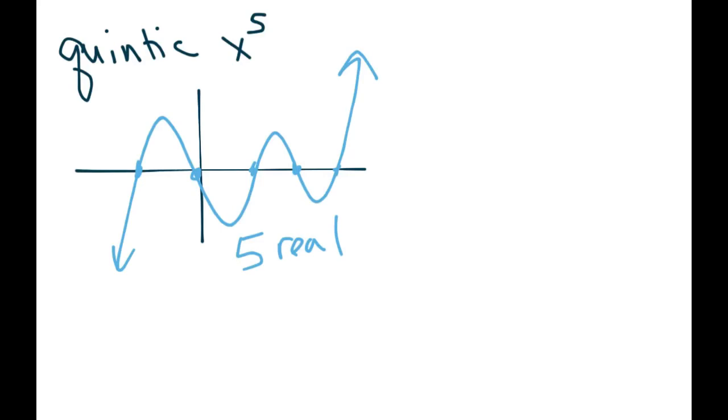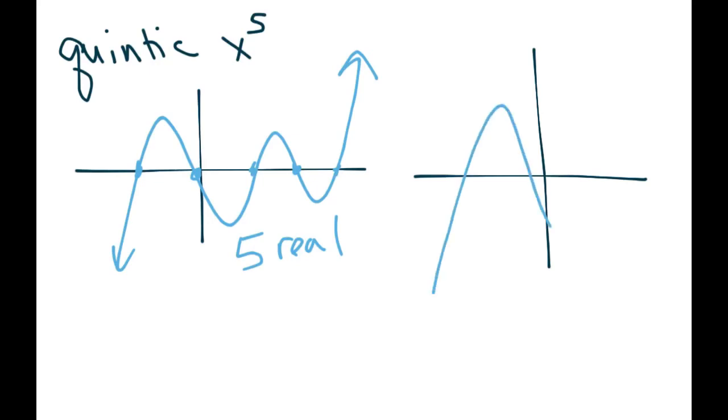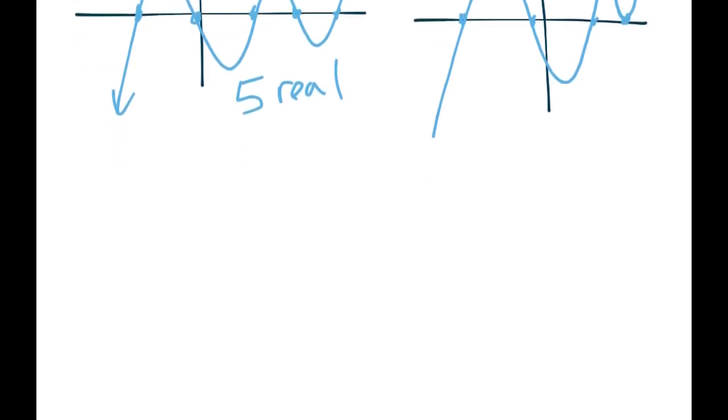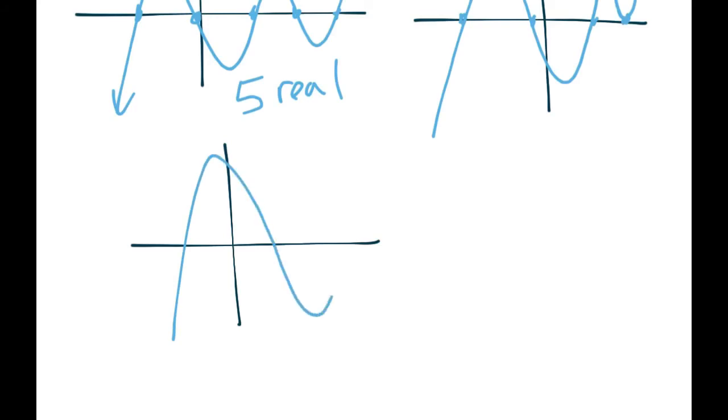What happens if I only make it hit 4 times? So 1, 2, 3, 4. Well, if I only hit 4 times, I want you to notice that one of them's a multiplicity 2, so it still has 5 real roots. Now let's see if I can draw it so it only hits 3 times. 1, 2, 3.